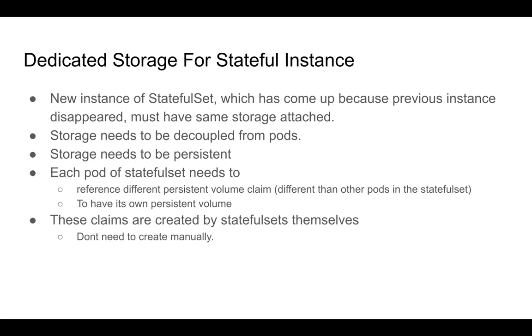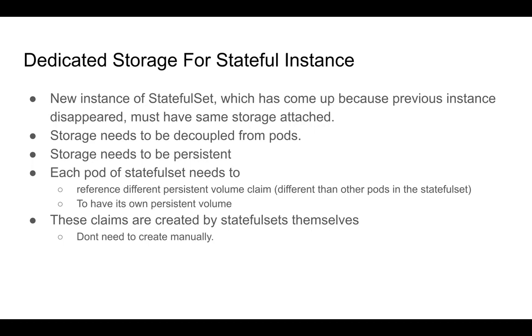We discussed persistent volumes and persistent volume claims in some previous slides, so it will use those things. A new instance of the stateful set which has come up because the previous instance disappeared must have the same storage attached, because the previous instance was maintaining the state in that storage.